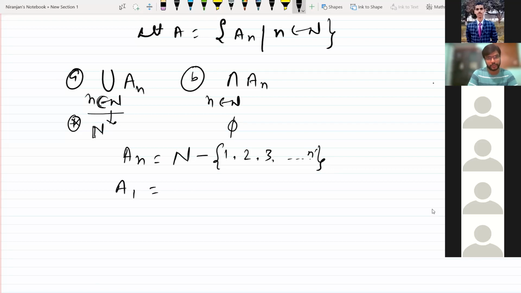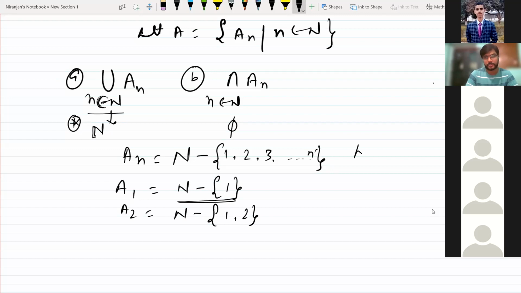So when you write A_1, you write N minus {1}. When you write A_2, this is N minus {1, 2}. So this is the set of all natural numbers, but starting from 2, because you are subtracting one element.